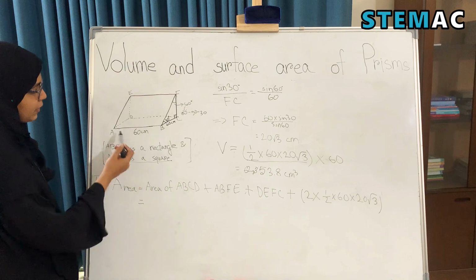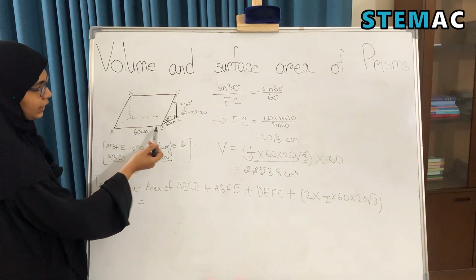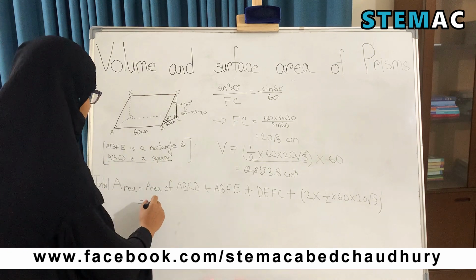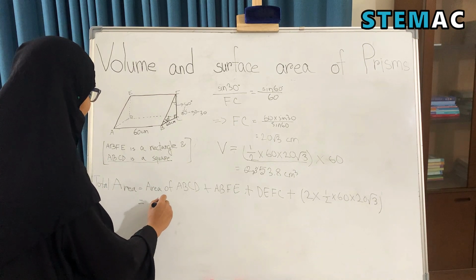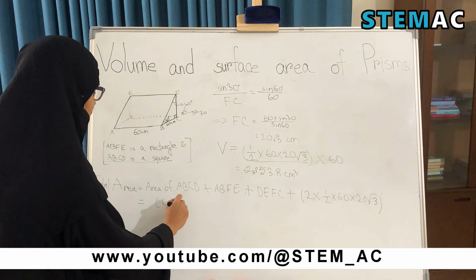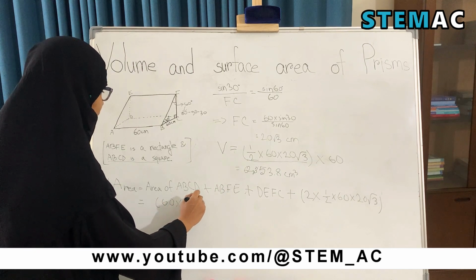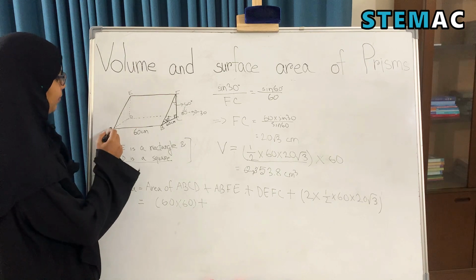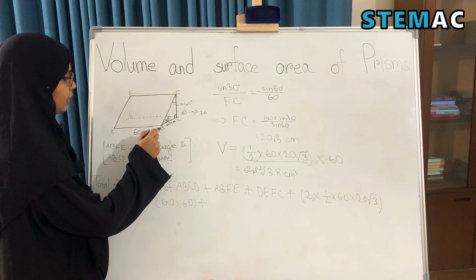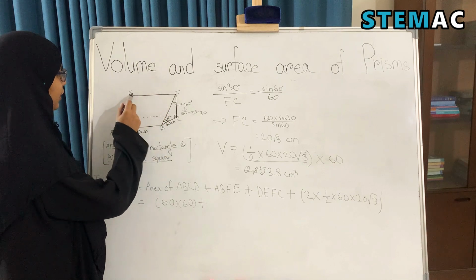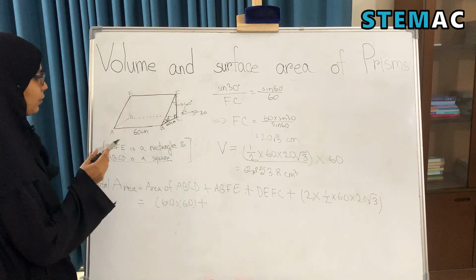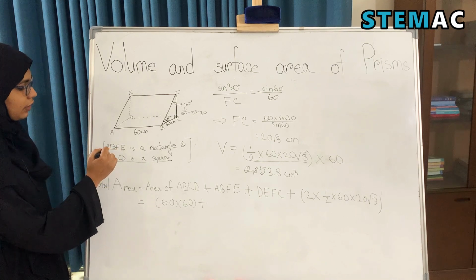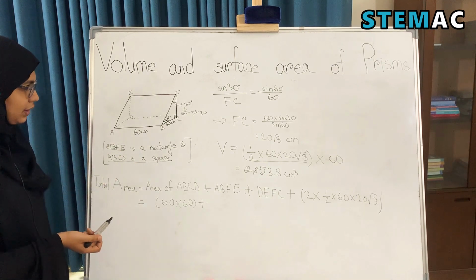Area of ABCD, we know the length AB is 60, BC is 60. So area of ABCD is 60 multiplied by 60, plus ABFE. It's already written here that ABFE is a rectangle.